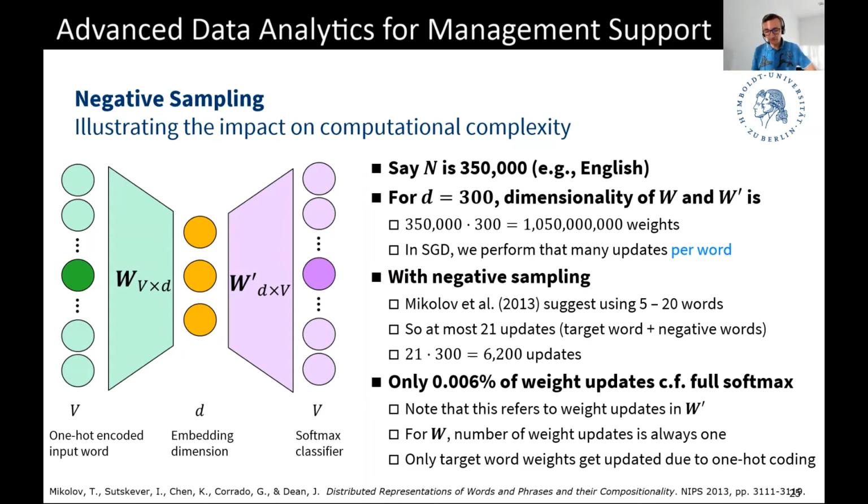One for the target word, that embedding vector gets updated, and 20 for the negative words, their embedding vectors get updated as well. So in total, we have 6,200 updates, which is, well, roughly 0.006% compared to doing the full softmax. So this is a major speed up.